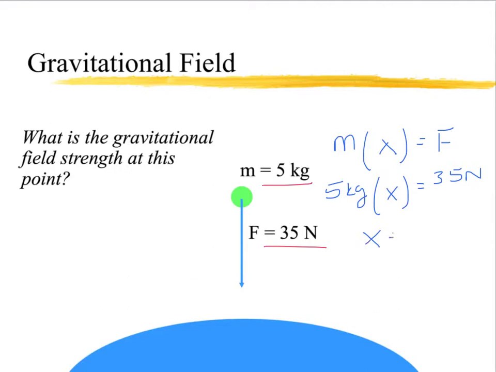So this field strength is 35 divided by 5, which is 7. Yeah, 7 newtons per kilogram. There we go.